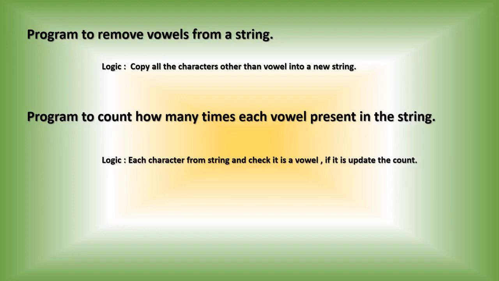That is the question. So for that, what you are going to do is copy all characters other than the vowel into a new string. So this is the logic you have to use in your program.